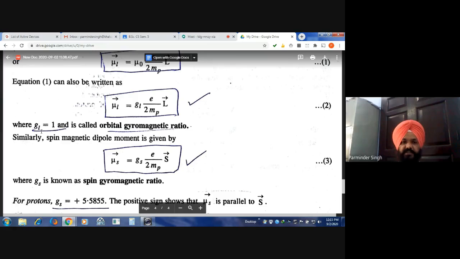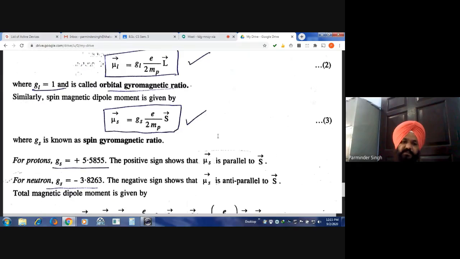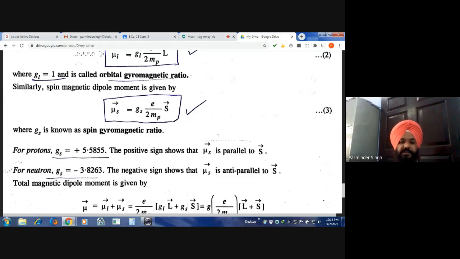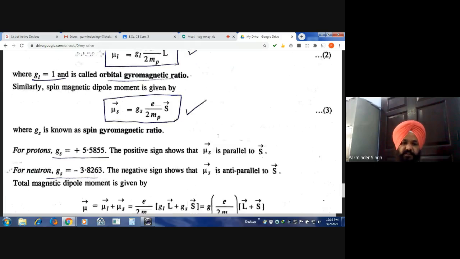GL value is always 1 for the orbital gyromagnetic ratio, and GS for protons and neutrons have different values. For protons, its value is positive 5.5, and for the neutron, its value is negative 3.8. So according to the given conditions on whether protons or neutrons are there, we can put the value of GS.